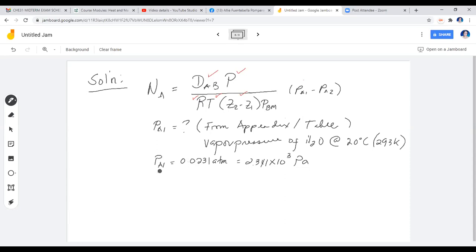Now, your vapor pressure of A at point 2, since it's already in the region of the non-diffusing gas or the stagnant gas, is 0. Your PA2 is said to be 0 already because it's in your pure B, so it does not have any vapor pressure of A there. So in this case, these two are already known. Then the next thing that you do is determine the PBM, or the log mean partial pressure of B.